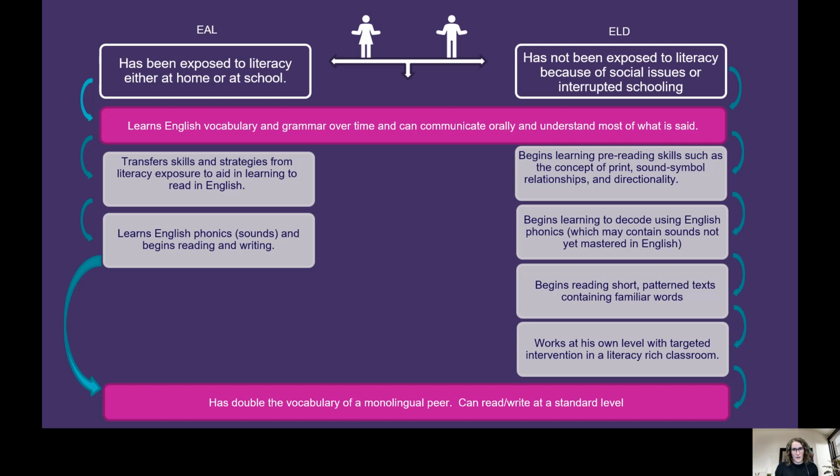The ELD student, however, has to learn all of these pre-reading skills because they've never learned them, or they've had a gap in education that didn't help them stick in their brains. So they learn their oral language, they're speaking and listening, they're doing a great job, and then they begin to learn pre-reading skills.